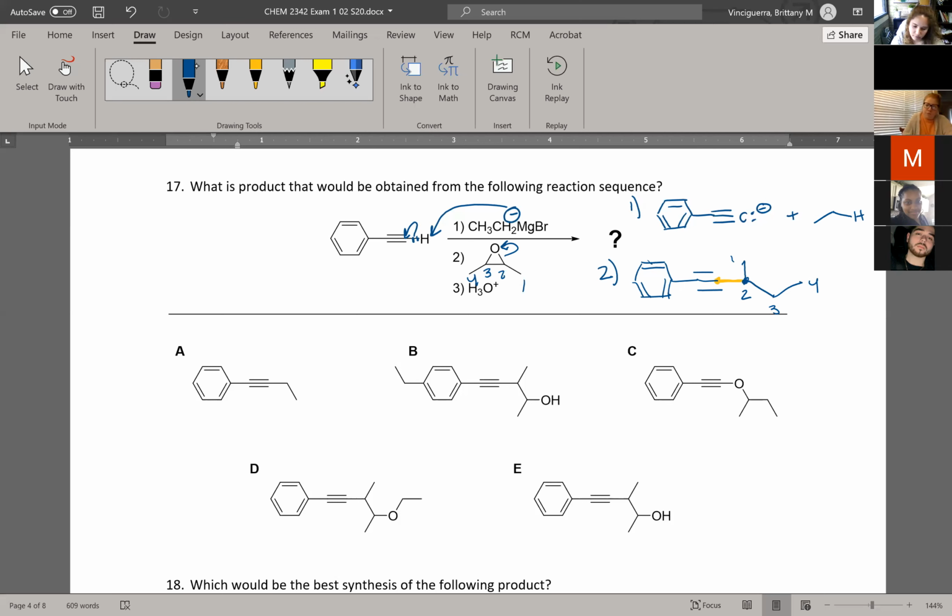And what else do we need to put on here? Oxygen. Right, on number 2? It's not on number 2. Oh no, it opens up on number 3. So we're making an O- here. The last step is an aqueous acid workup though, so we are protonating the oxygen.